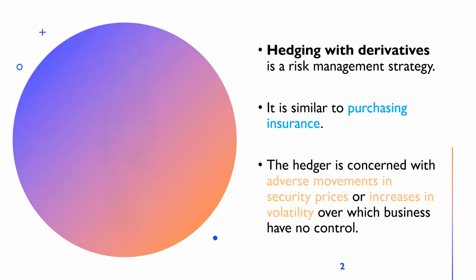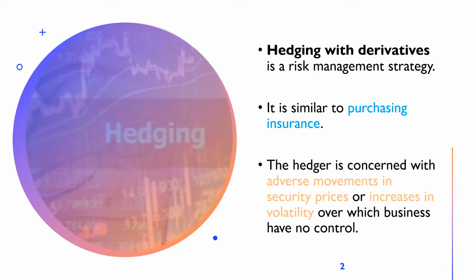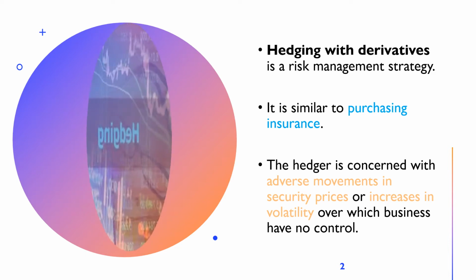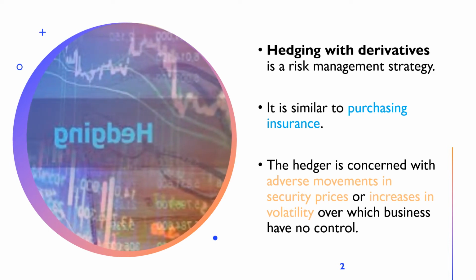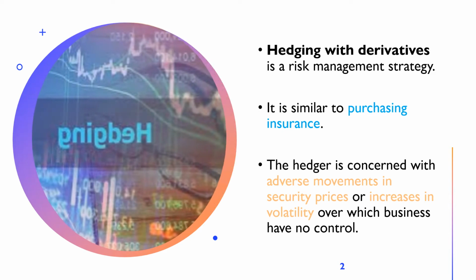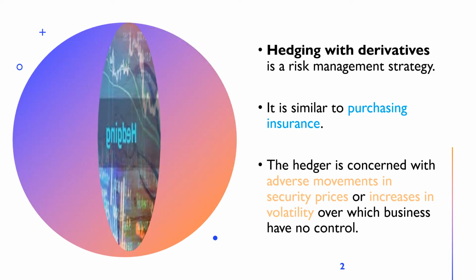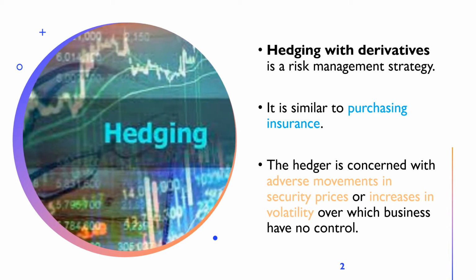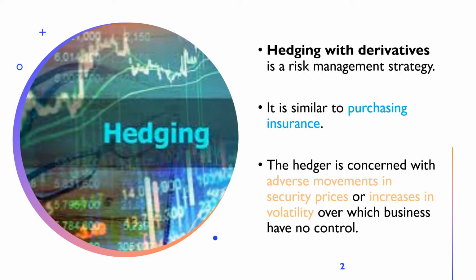What is hedging? Let's define hedging. In simple and short expression, hedging is a risk management strategy. Hedging is similar to purchasing insurance. The best way to understand hedging is to think of it as a form of insurance. When people decide to hedge, they are insuring themselves against a negative event that could impact on their finances.